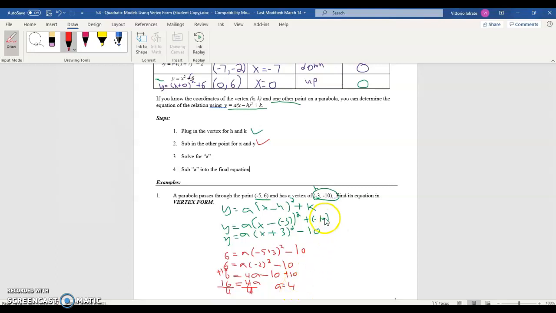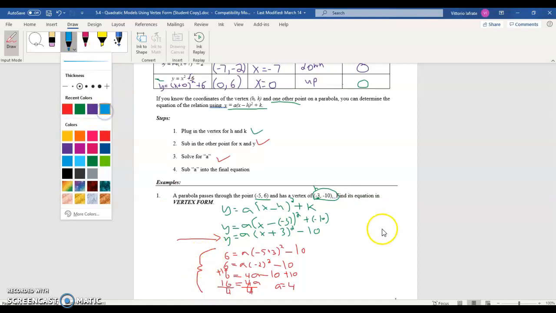So now we found our a value, and we can plug it back into the first equation that we had over here. So what we did is we subbed and solved for a. Those two steps were done over here, subbed and solved for a. And now we're going to rewrite our final equation with the a value plugged in.